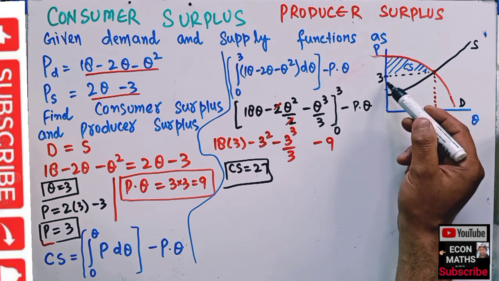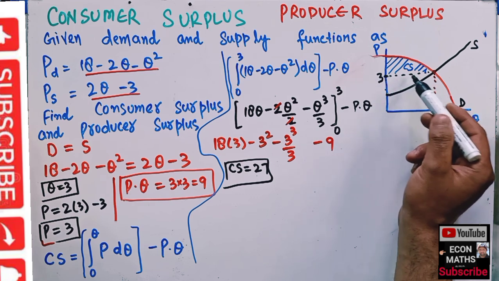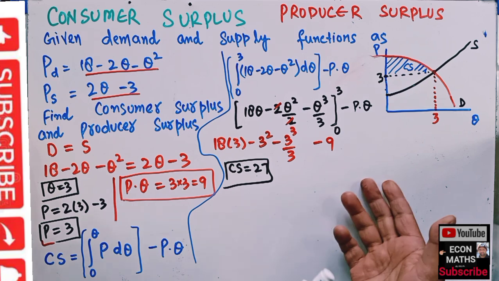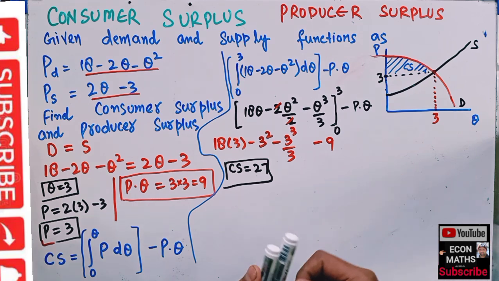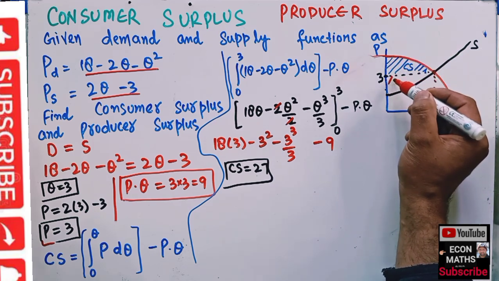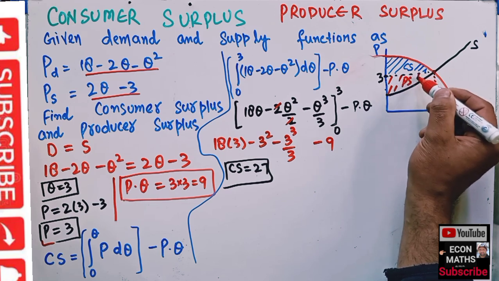The difference between this price and all these prices below the equilibrium price denotes the producer surplus. So graphically it is simply the area which is below the equilibrium price and above the supply curve. This area denotes the producer surplus.